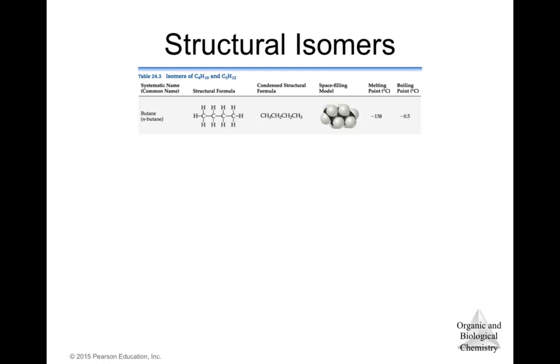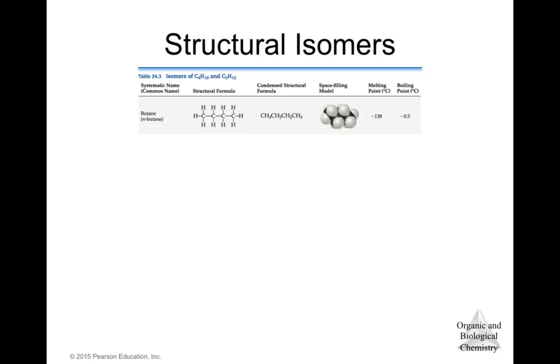In butane we have 4 carbons, 1, 2, 3, 4, and we can see that we have 3 hydrogens in the first carbon, 2 in the second, 2 in the third, and 3 in the fourth. So we have here CH3, CH2, CH2, CH3. Here we have the condensed structural formula for butane.